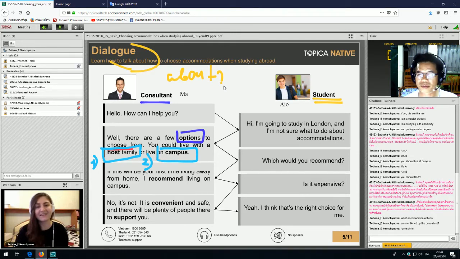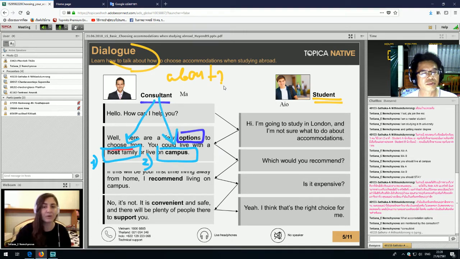Okay, so the question is, which option is more suitable for the student? We are talking about options provided by the consultant, living in a host family and living on campus.